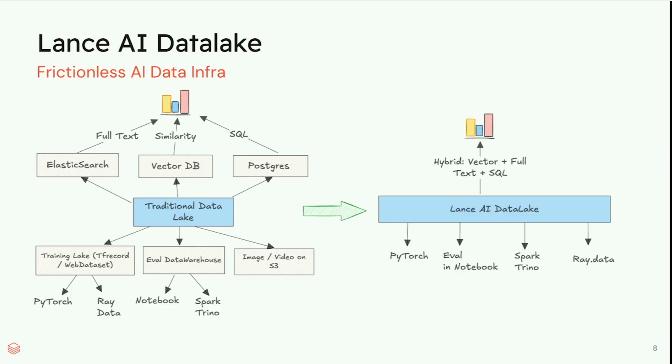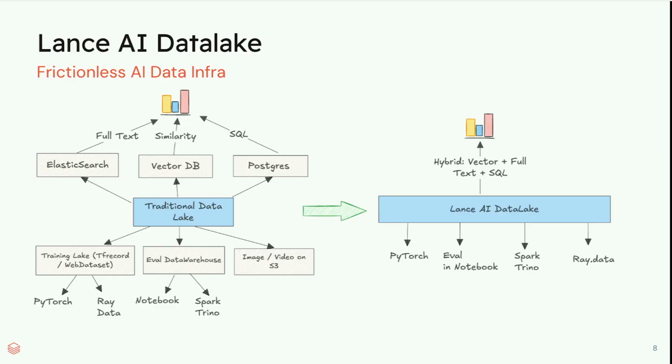For example, you may have Elasticsearch to do full text search, you may leverage a vector database for vector search, and you may have PostgreSQL that allows you to do SQL search. Each database has its own search capability. If you want to add another one, you need to add another data storage and a different framework.